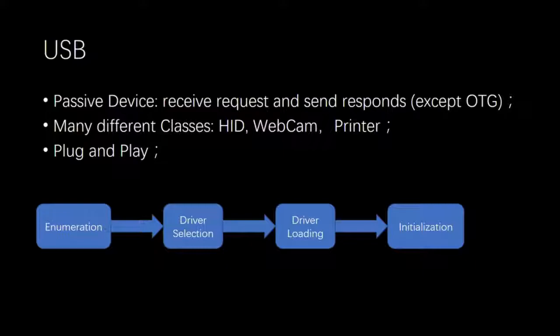It can just accept the request and send the response back. And there are a lot of different classes. The most common ones: a keyboard is an HID device, and a web camera is another class, and a printer is another class.